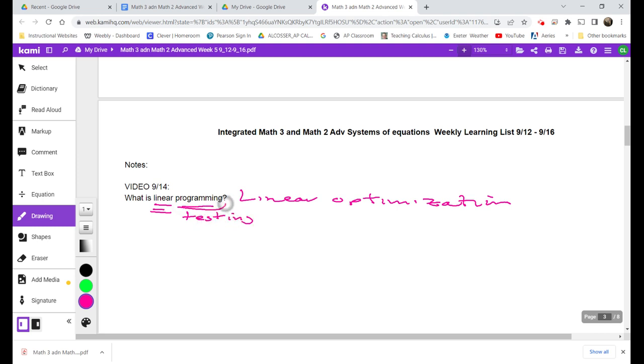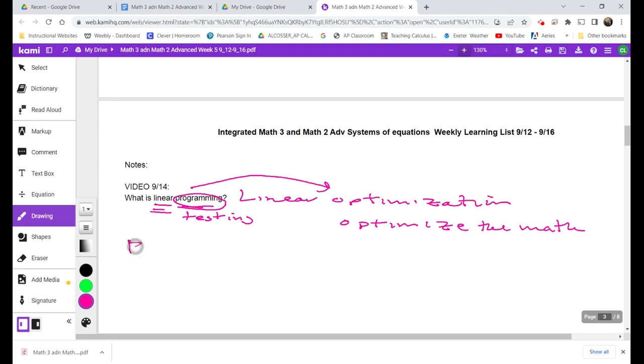That's the idea behind programming. And the reason we call it linear optimization is our goal is to optimize the math.